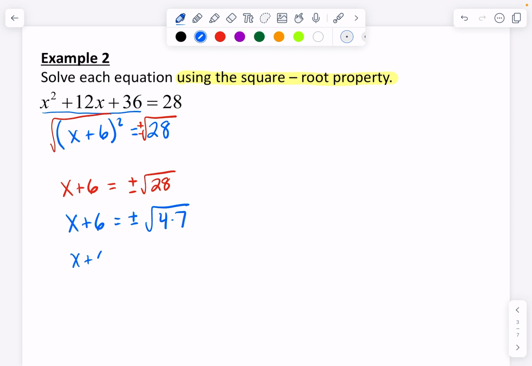So then the 4 breaks out and becomes a 2, and 7 stays underneath the radical. Now the 2, it's 2 times root 7. The 2 doesn't go in front of the plus and minus, because when I subtract this 6 over, that's what goes in front of that.